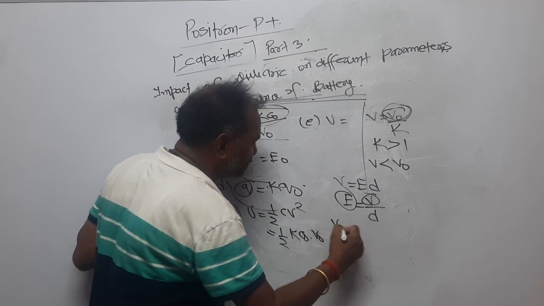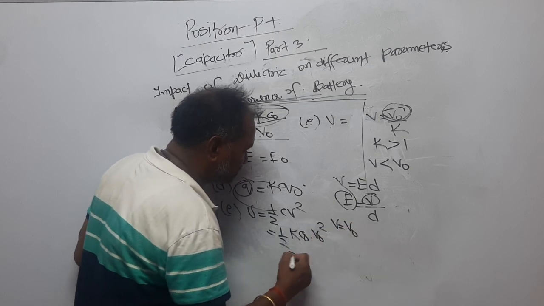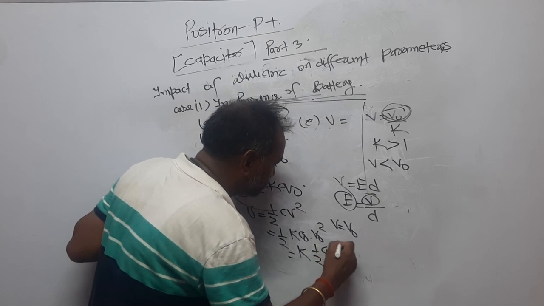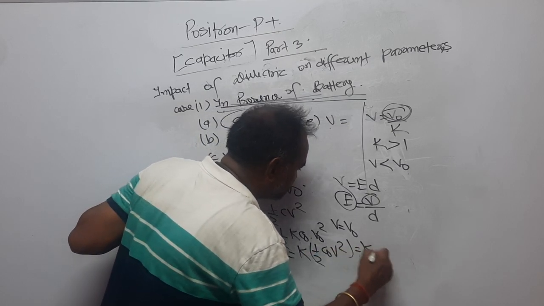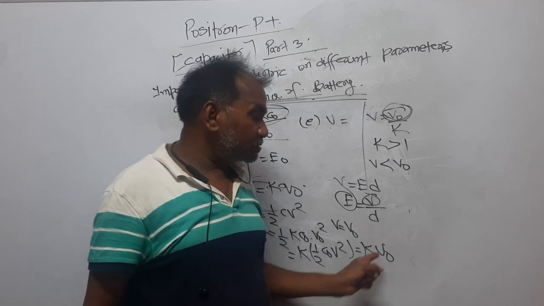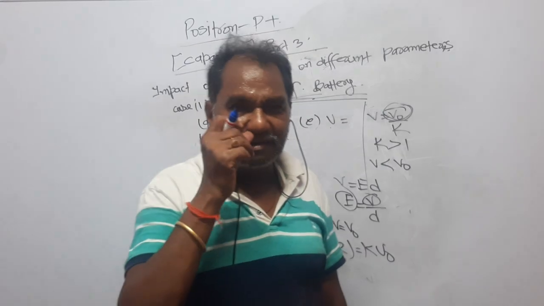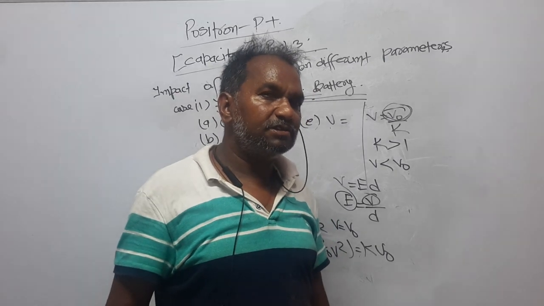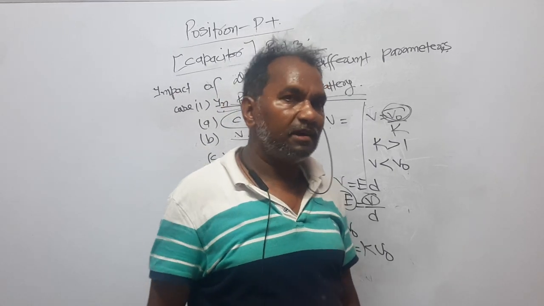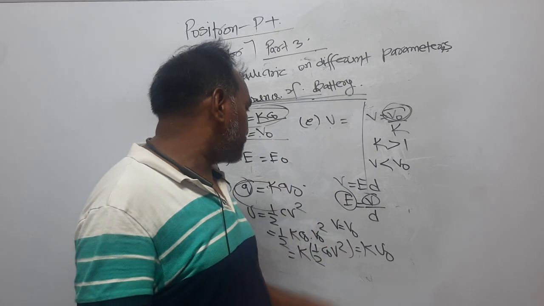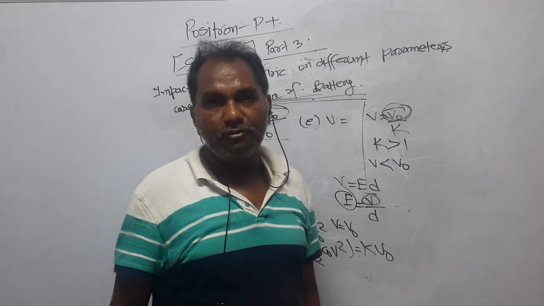V is equal to V naught in this case, so U is equal to K times half C naught V naught square, or K U naught. So the potential energy also becomes K times, right? In the absence of the battery, the potential energy was reduced by 1 by K, right? U is equal to U naught by K. But in the presence of the battery, U becomes K U naught.